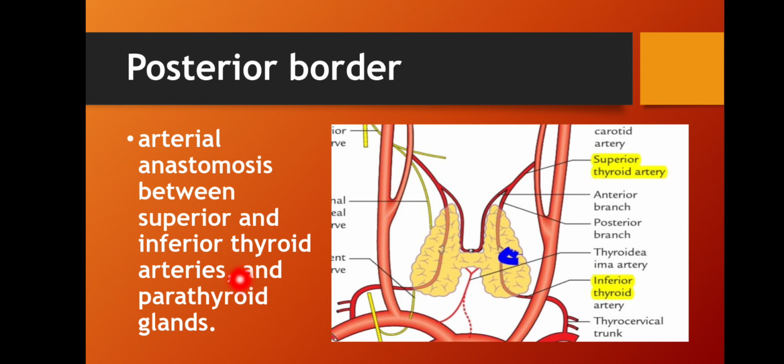You know that the thyroid gland is related to the four parathyroid glands. So those are the relations of the posterior border of the thyroid gland: the anastomosing region of the superior and inferior thyroid arteries, along with the parathyroid glands.